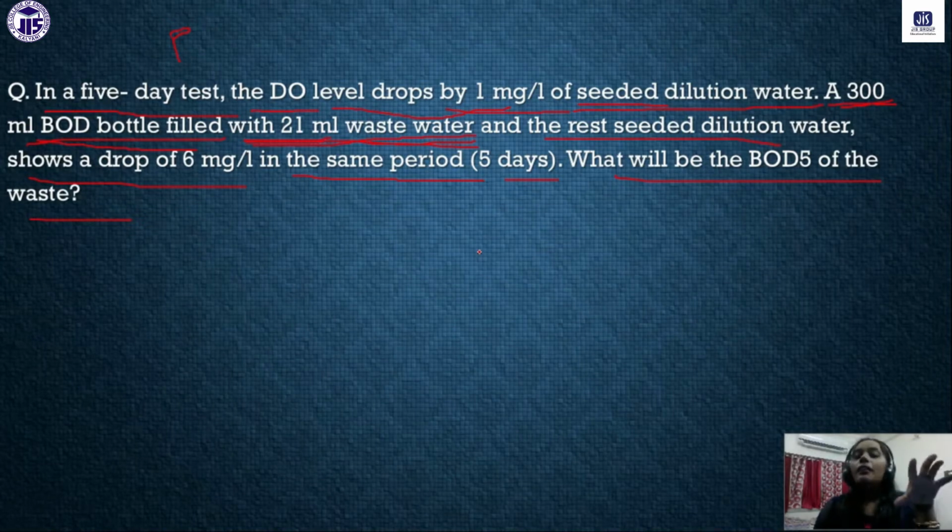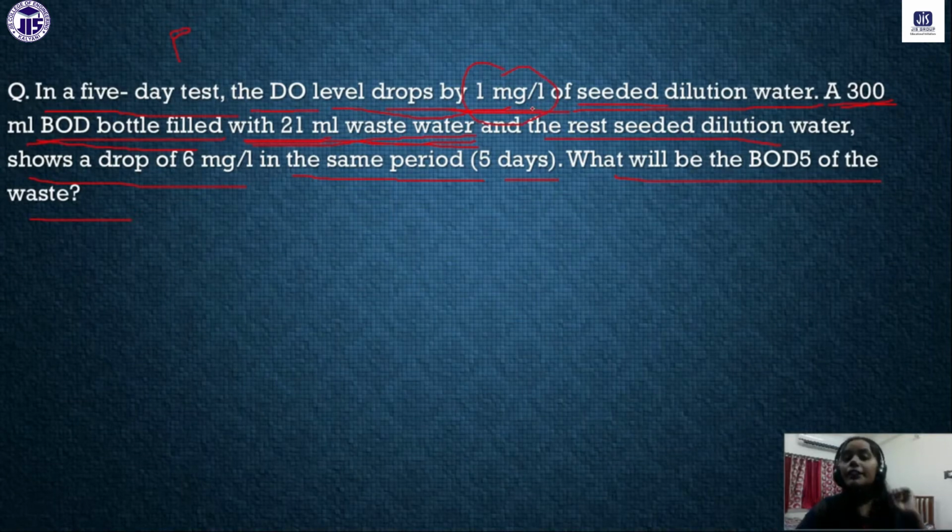If we subtract the final value from the initial, initial minus final, that gives you the consumption of dissolved oxygen, the decrease of dissolved oxygen. That means this is the initial minus final value.